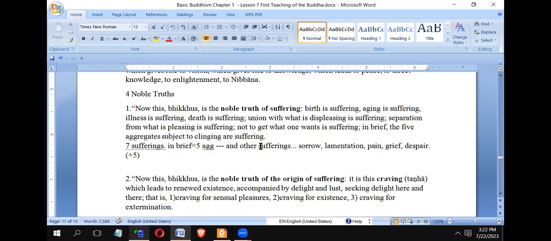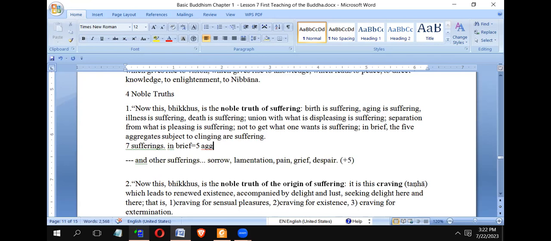Pancupadanakkhandha. But besides this, we also have sorrow, lamentation, pain, grief, despair. So plus five, totally normally 12.